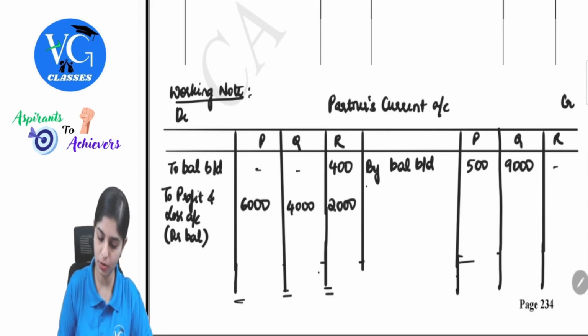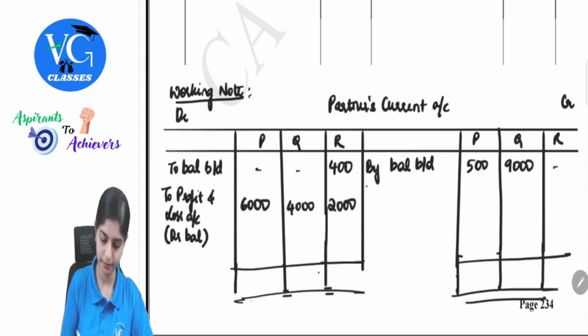So we will find out the closing balances. 2,400.